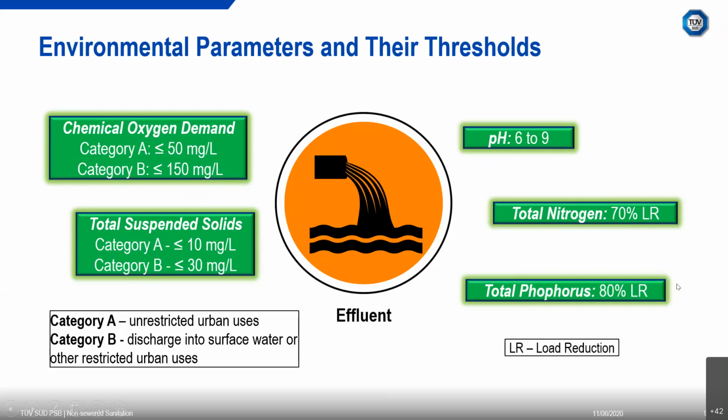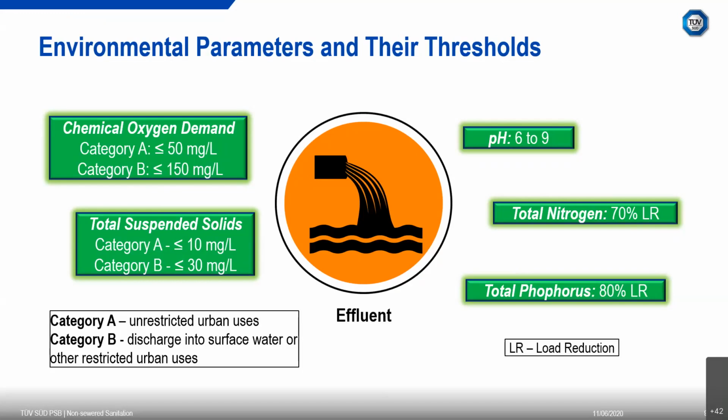Okay, sorry. To repeat, the environmental parameters of ISO 30500 requirements are pH, chemical oxygen demand, total suspended solids, total nitrogen, and total phosphorus. The pH threshold is between 6 and 9.